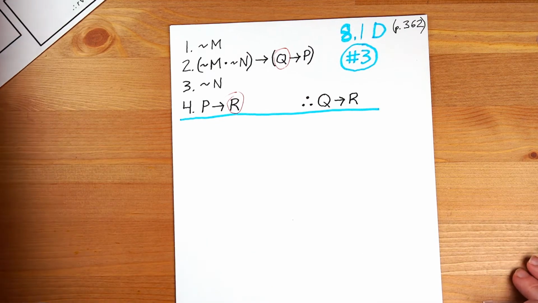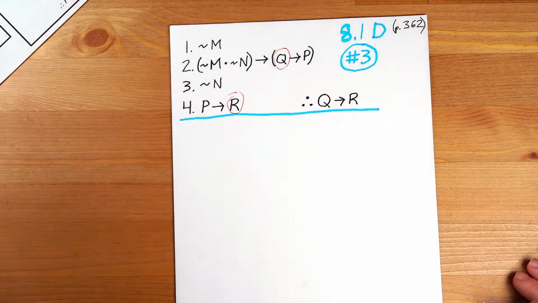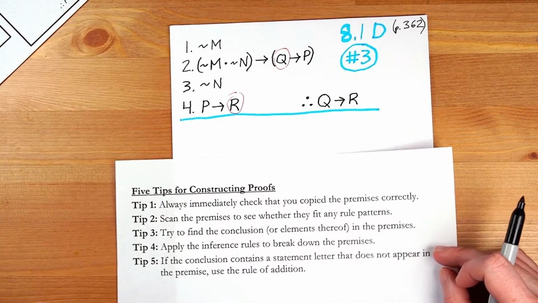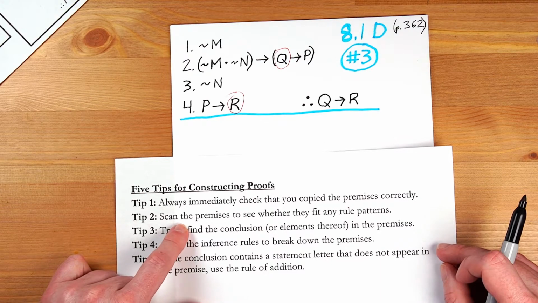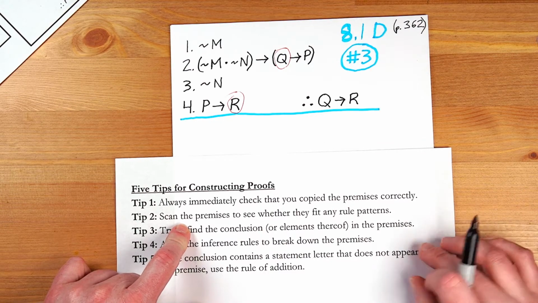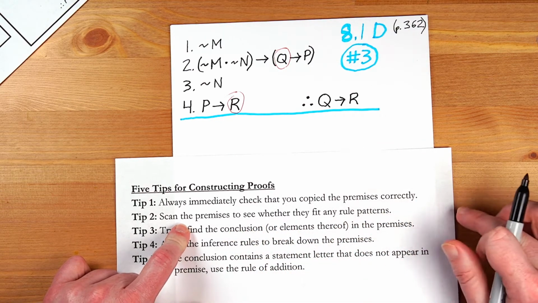Well, the first thing that comes to my mind is from the tips. Let's see. Number 2: scan the premises to see whether they fit any rule or pattern.